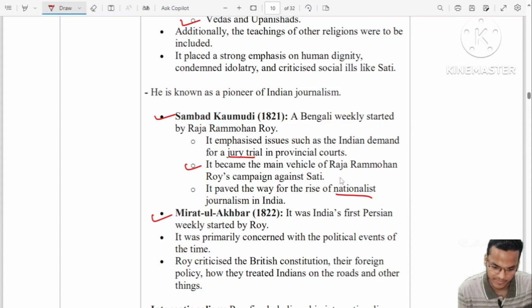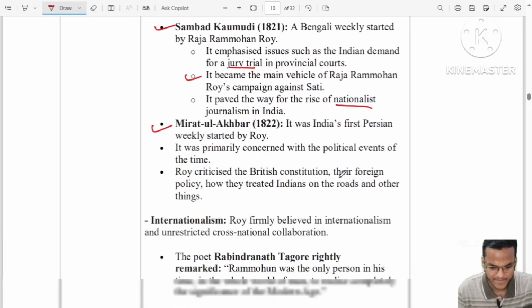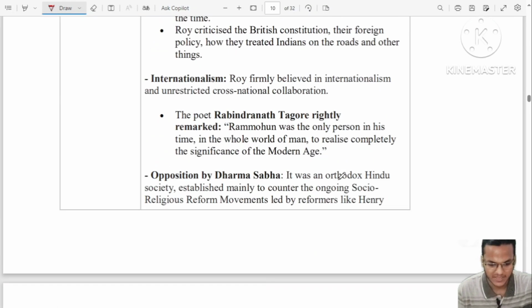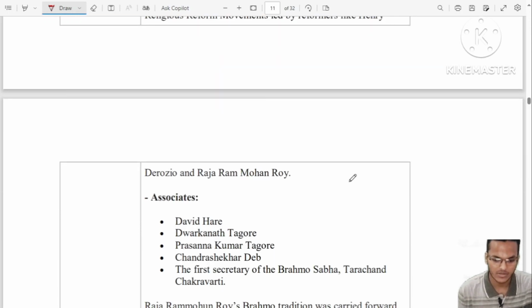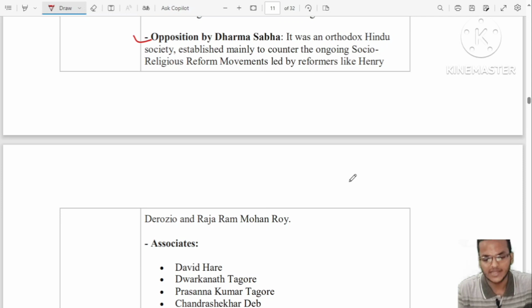It paved the way for the rise of nationalist journalism. Then there was opposition by the Dharma Sabha, the Orthodox Hindu society, to counter the ongoing socio-religious reform movements.